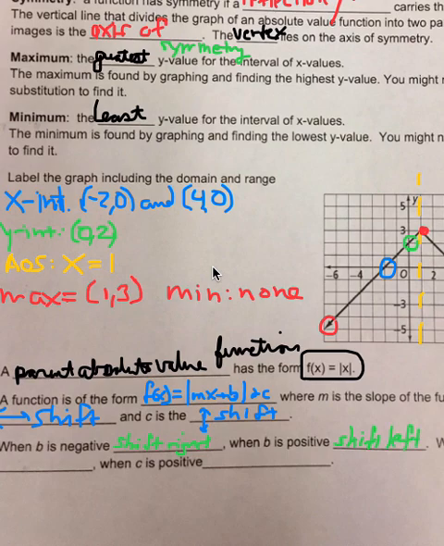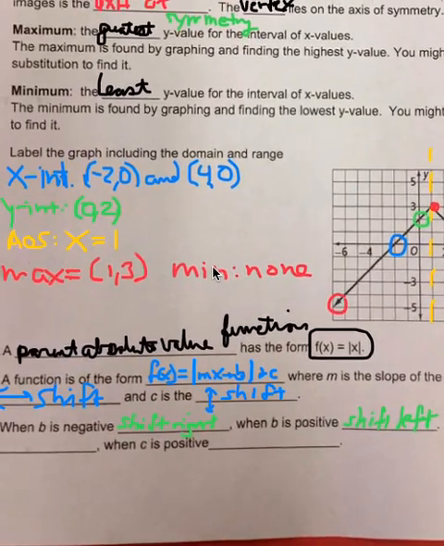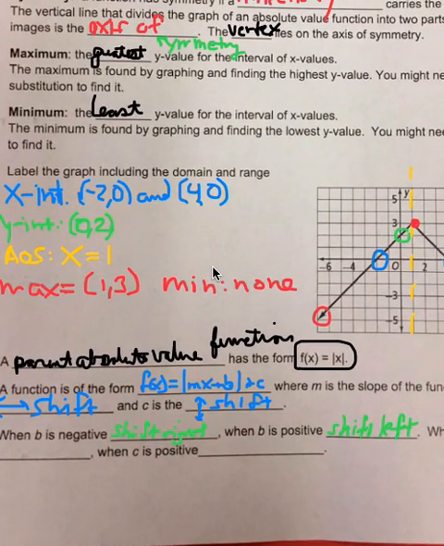So it goes kind of against what you would think. Now on the outside, when c is negative, shift down. So outside it stays the same. Outside is the same, inside is opposite. So when c is positive, shift up.